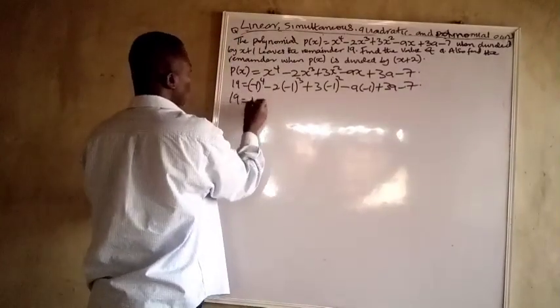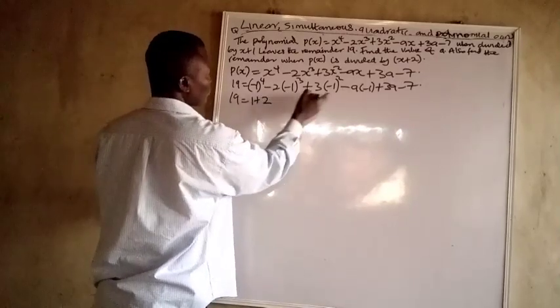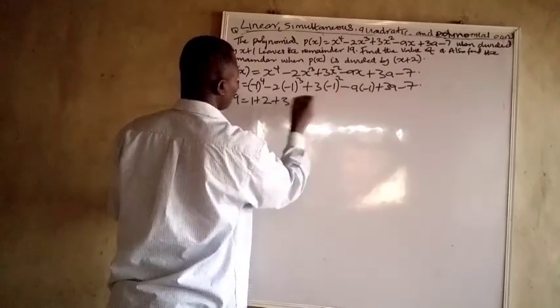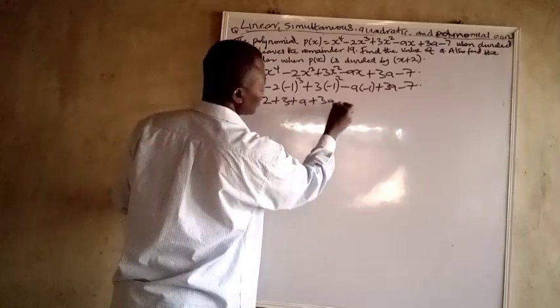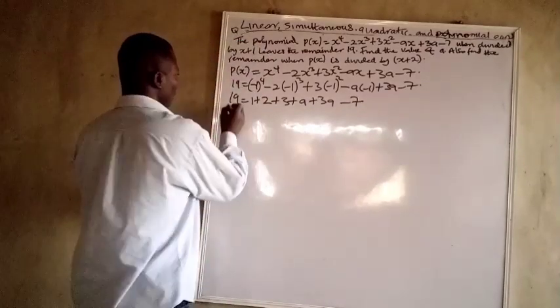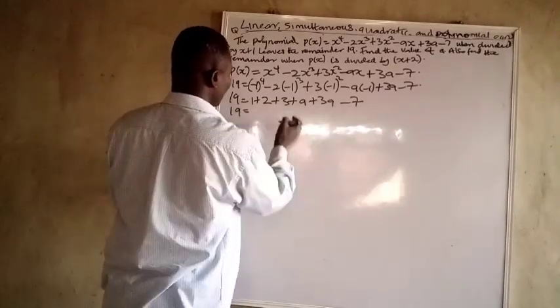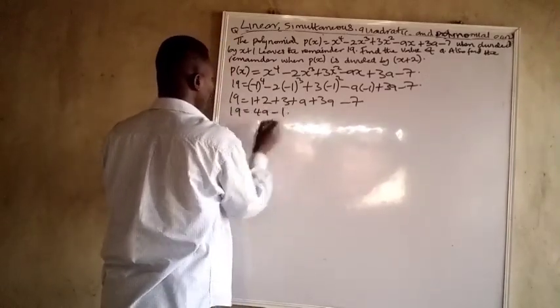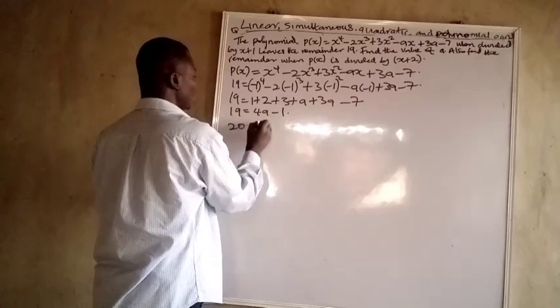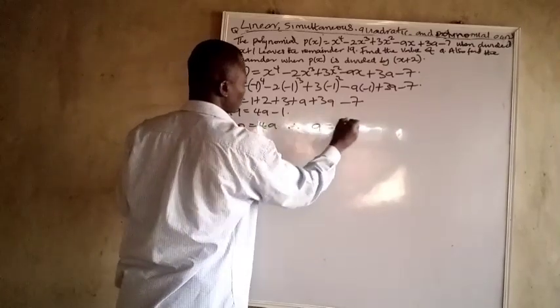So 19 will be equal to 1 plus 2 plus 3 plus a plus 3a minus 7. So we have 19 equals 6 plus 4a minus 1, which gives 20 equals 4a. Therefore, a equals 5.